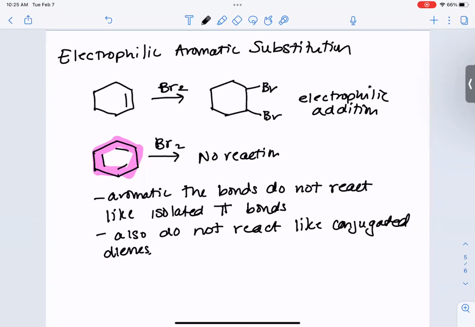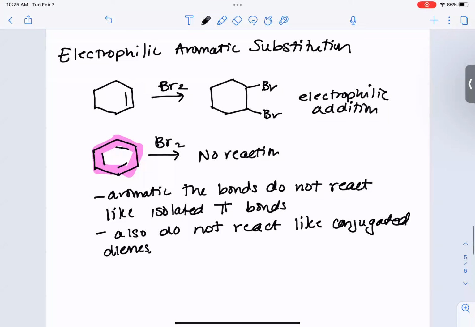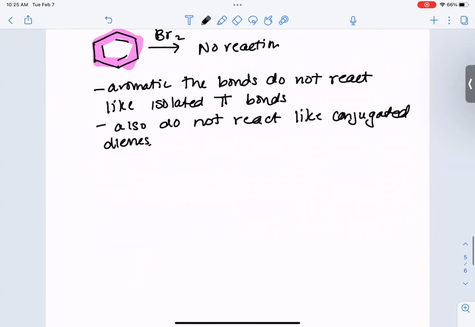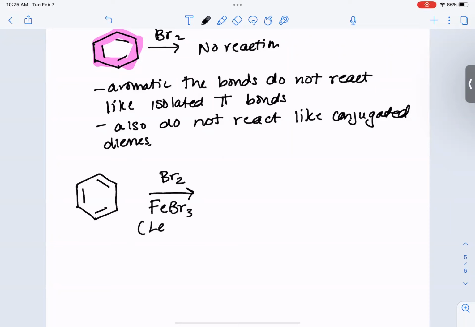Instead, we have to add a catalyst to get this to work. So if we have benzene and we want to halogenate the ring, we have our Br2, but then we add FeBr3, which is a Lewis acid, which means it can accept electrons.